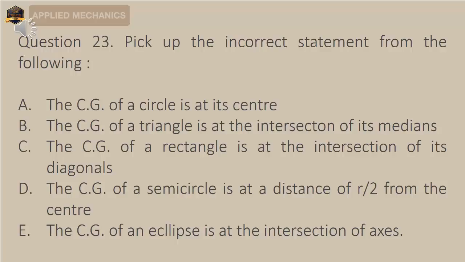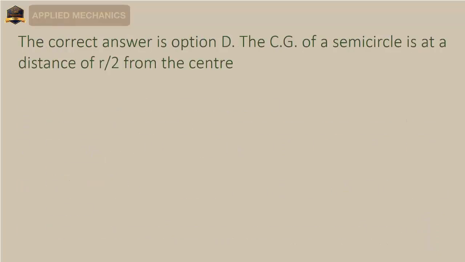D. The CG of a semicircle is at a distance of r/2 from the center. E. The CG of an ellipse is at the intersection of axes. The correct answer is option D. The CG of a semicircle is at a distance of r/2 from the center.